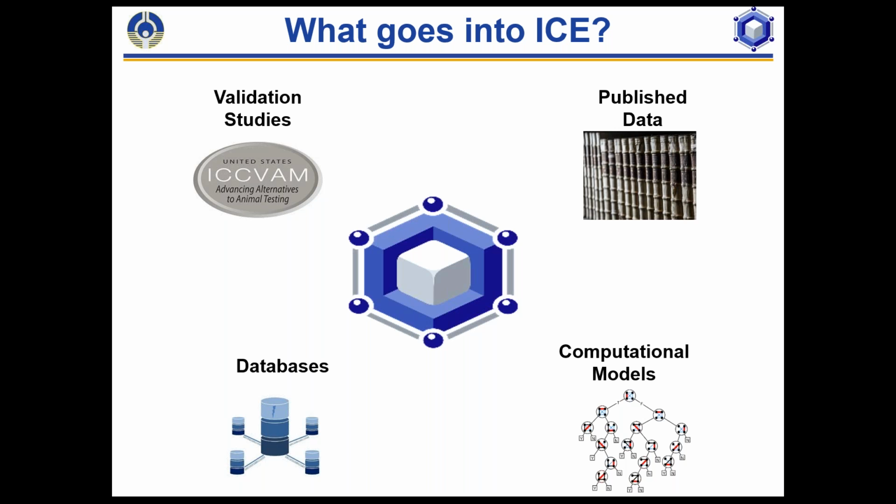We also have computational models in two formats. On one hand, you'll get the data, the predictions that are coming out of these computational models. And I'll go into a little bit more detail on one set of data that I believe will be of great interest to this community. And then we also have workflows, so computational models that you'll be able to run on the ICE interface, and I'll demo one of those in a little bit.